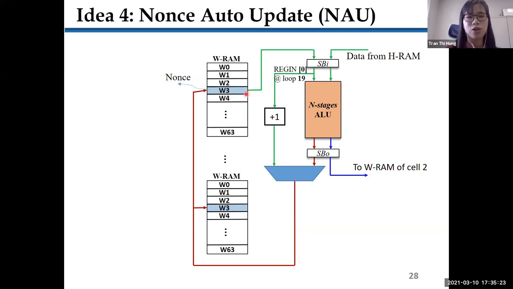So in our architecture, for calculating the first hash function, it reads the nonce value here, calculates, and after they get the result, passes it to the cell 2. It will automatically update the nonce value, increase the nonce by one, and then try the hash calculation again with the next value of the nonce. By this mechanism, a DPE can repeatedly calculate and check the nonce value until it can find the valid hash.